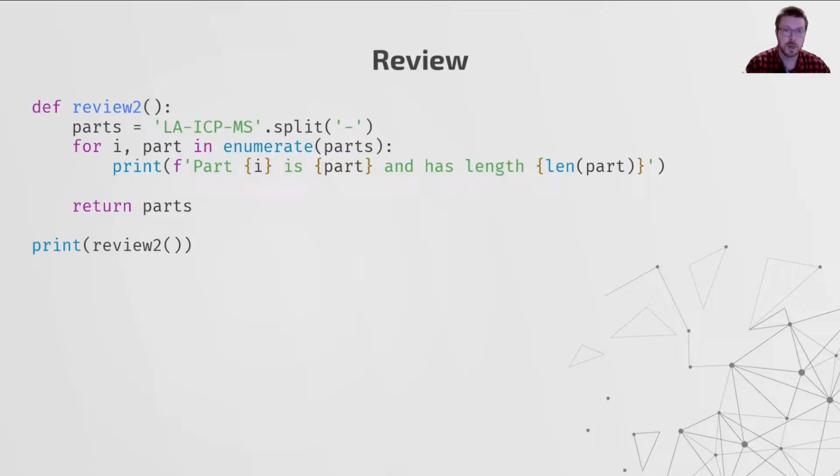So when this loop executes, we'll print part 0 is LA and has length 2, part 1 is ICP and has length 3, and part 2 is MS and has length 2. But since we are also printing the return value of this function, we will also see each of the strings enclosed in square brackets.